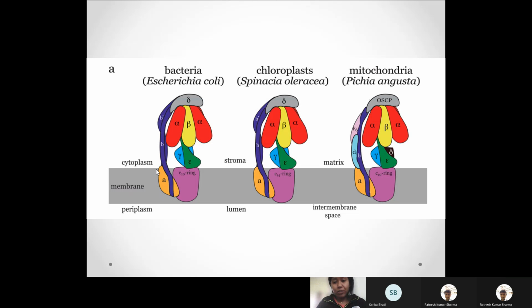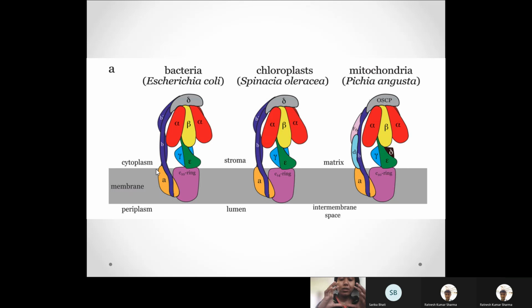But the protons are charged, right? Charged ions cannot move through the lipid bilayer. So there must be a channel for their movement. Even now, we are not exactly aware of the exact path that is taken by these protons as they move through the rotor.